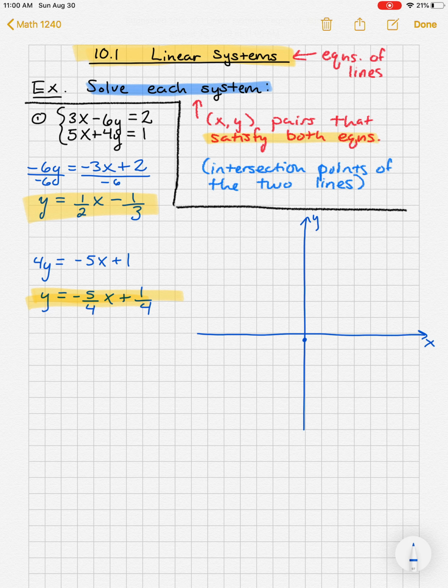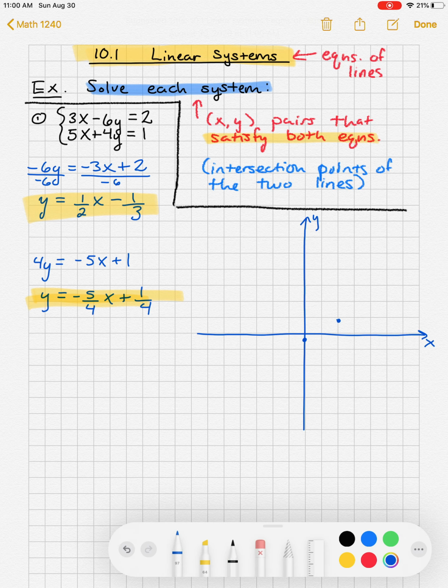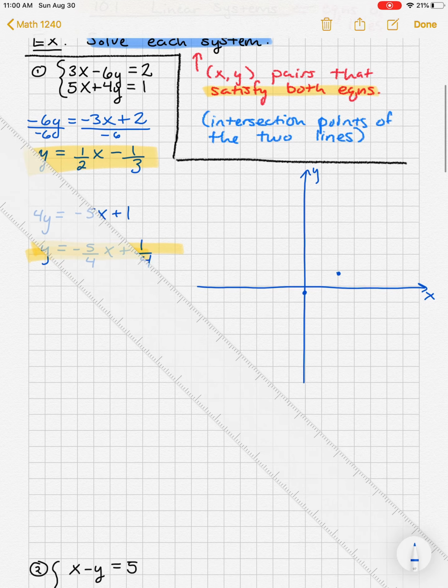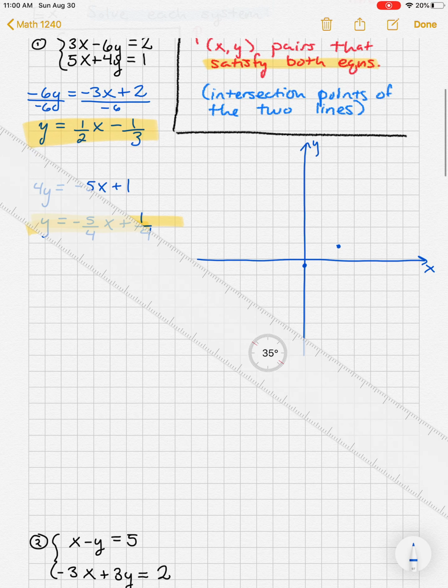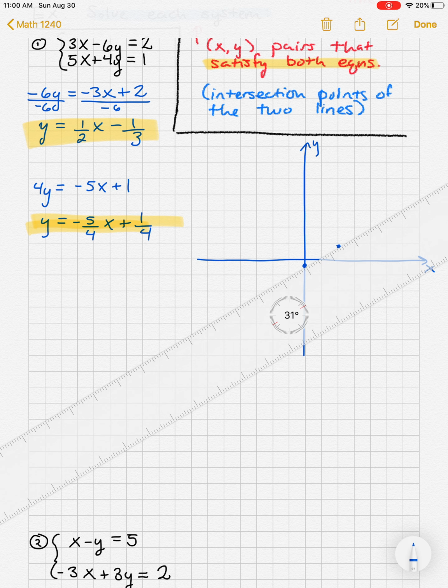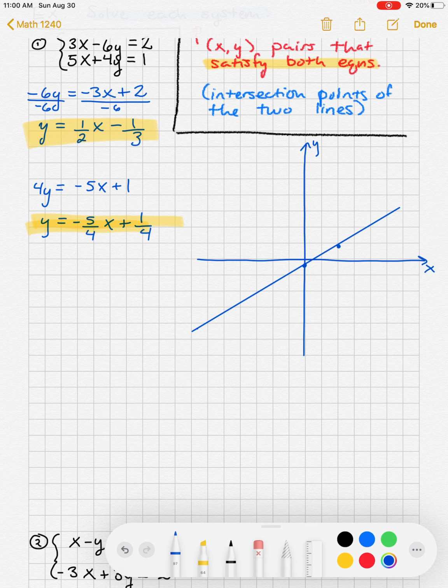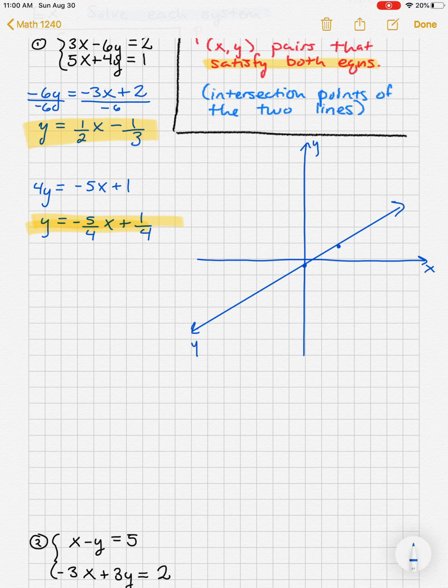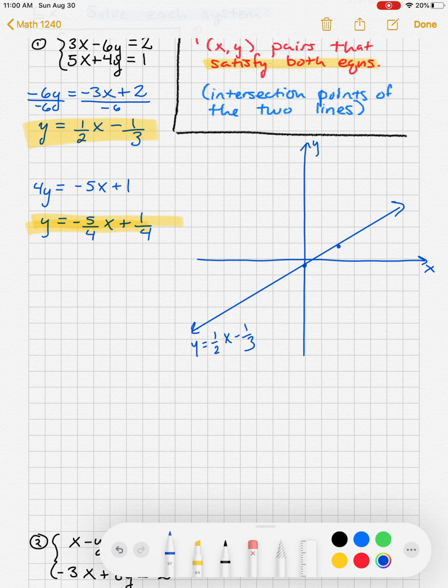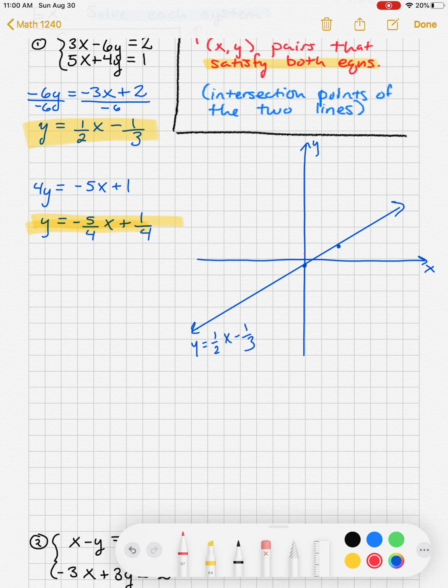Then I go up 1 and right 2, it's going to look roughly something like that. So that's a rough sketch of the first line. The second line has a y-intercept of 1/4, somewhere around here-ish.